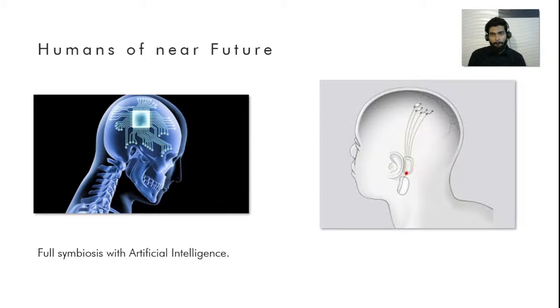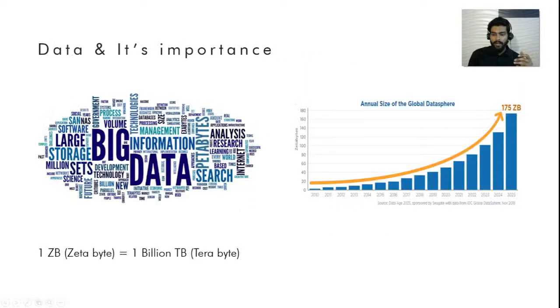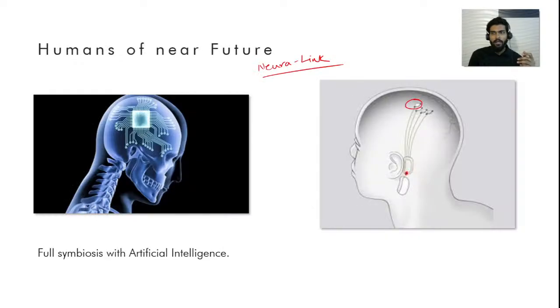So, Elon Musk. There's a company by Elon Musk called Neuralink. If some of you have read about it, you must already know that Neuralink has already started testing chips that would be implanted in the heads of humans, and they have started off with animal testing.